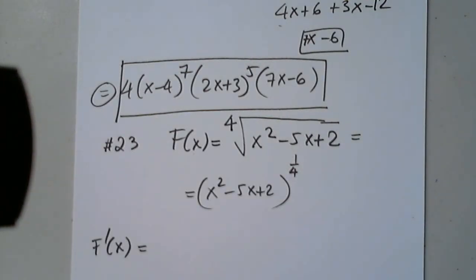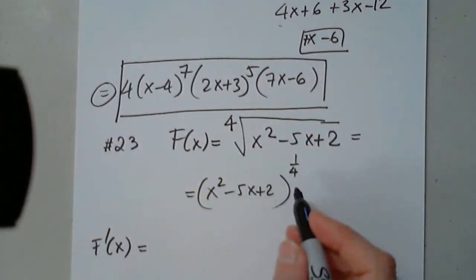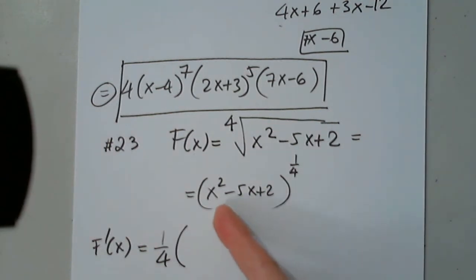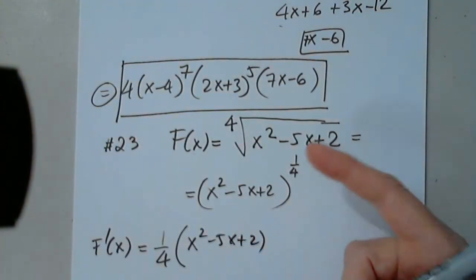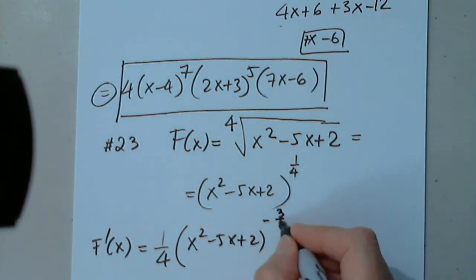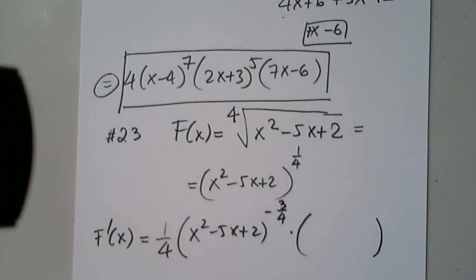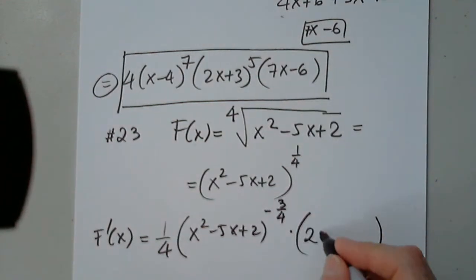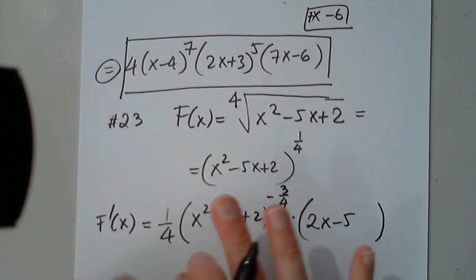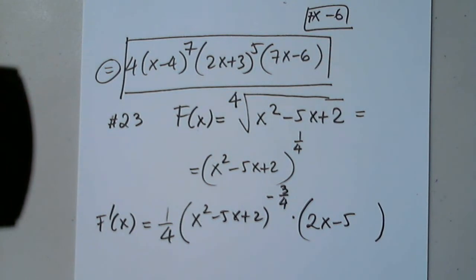Good, awesome. So 1/4 times this function, 1/4 minus 1 is -3/4 times the inner function prime. Can anyone give us the inner function prime? 2x minus 5. That's it. And you don't have to do anything else with this. That's good enough.